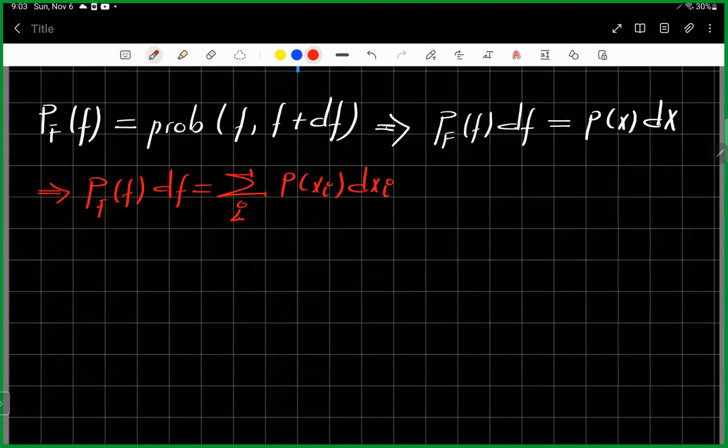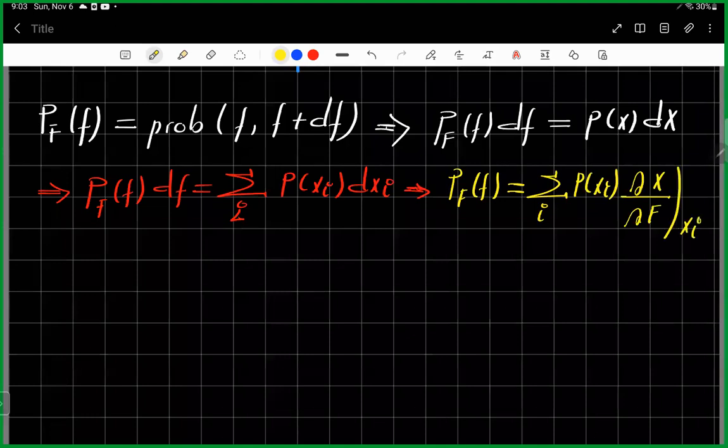And as such, I can write this as a total derivative, in the way that the probability of the function f is just the sum over i of the probability of xi times the derivative of x with respect to f evaluated at xi.